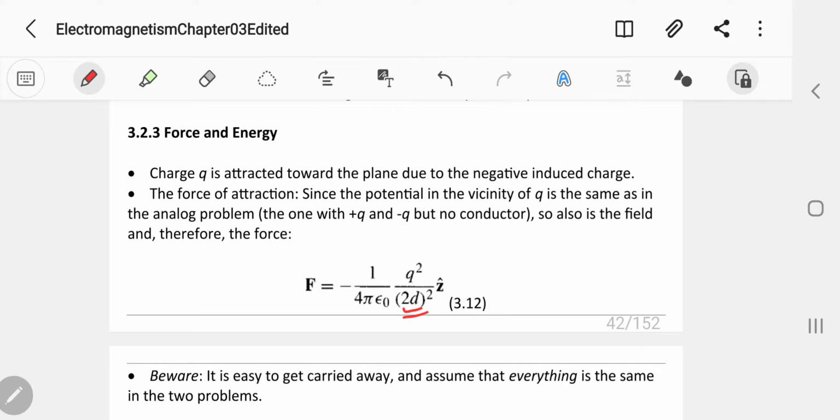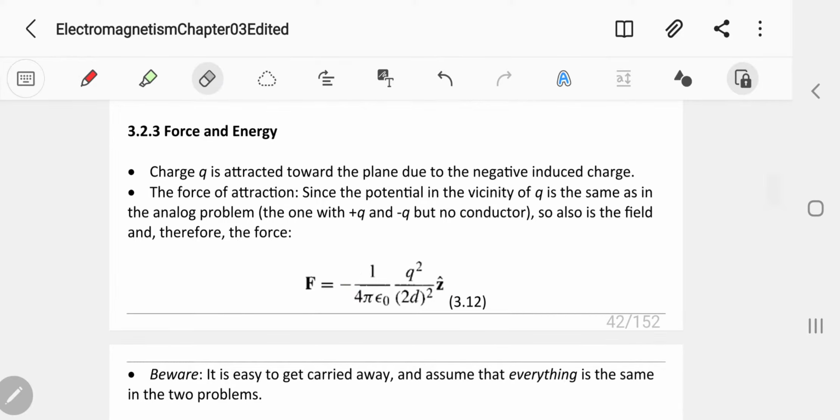So the force between them would be 1 over 4 pi epsilon sub o, q squared over (2d) squared in the z direction. This is negative because the other charge is negative. So that's the force between the two charges.